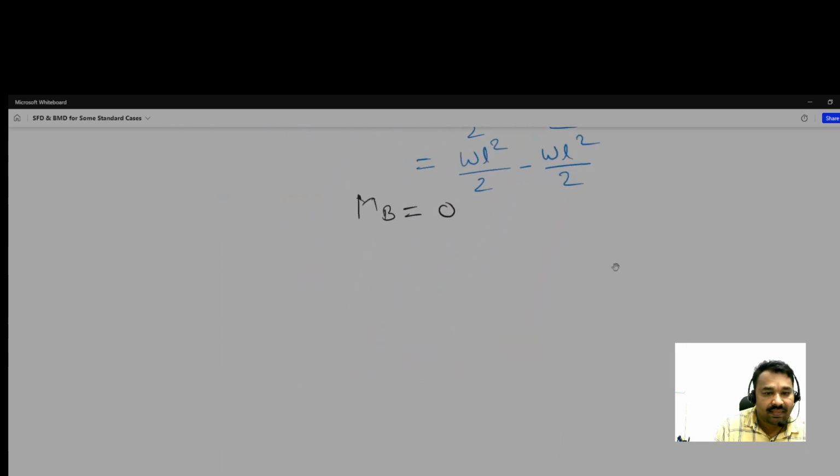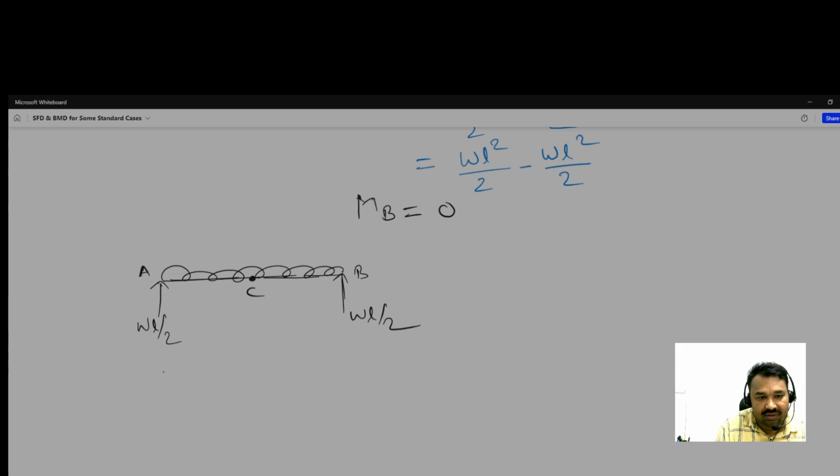So for the uniformly distributed load, we have WL by 2 and WL by 2, the reactions at both the ends. This is the middle point. So we have the SFD.